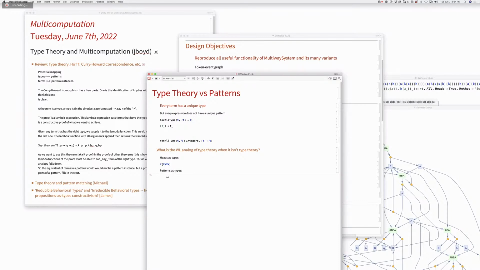Or is it the case that patterns as types says, for example, let's say blank integer, comma, blank integer, that's a type, whereas this is a more explicitly stated type where there's an explicit head lying around that tags the type. Comments here?